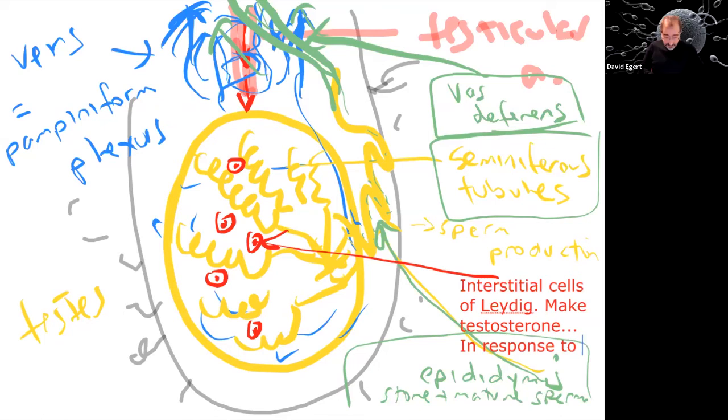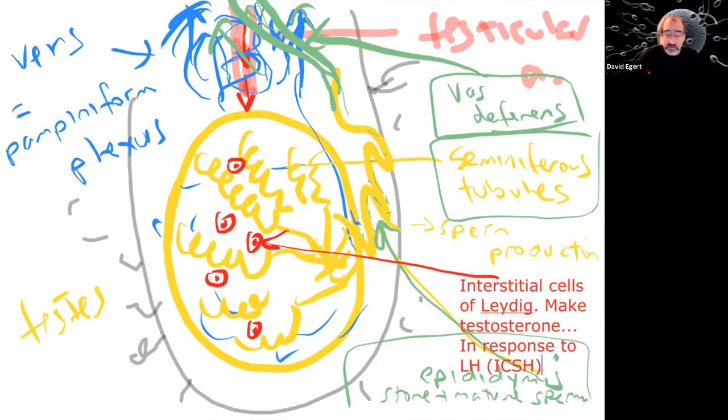Exactly. LH. So LH causes ovulation and the creation of the corpus luteum and progesterone in the woman, but in a guy, it just talks to the interstitial cells of Leydig and has them make testosterone. For that reason, if you're just looking at a guy, sometimes they call luteinizing hormone interstitial cell stimulating hormone, ICSH.